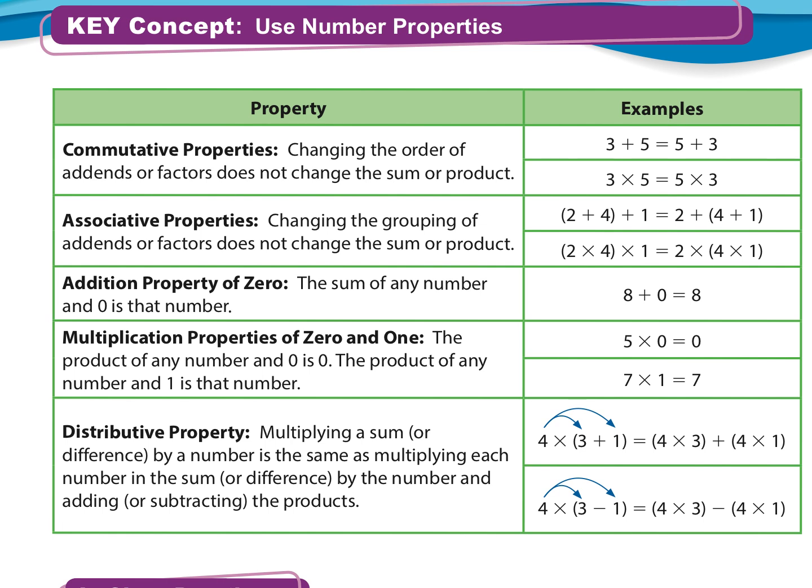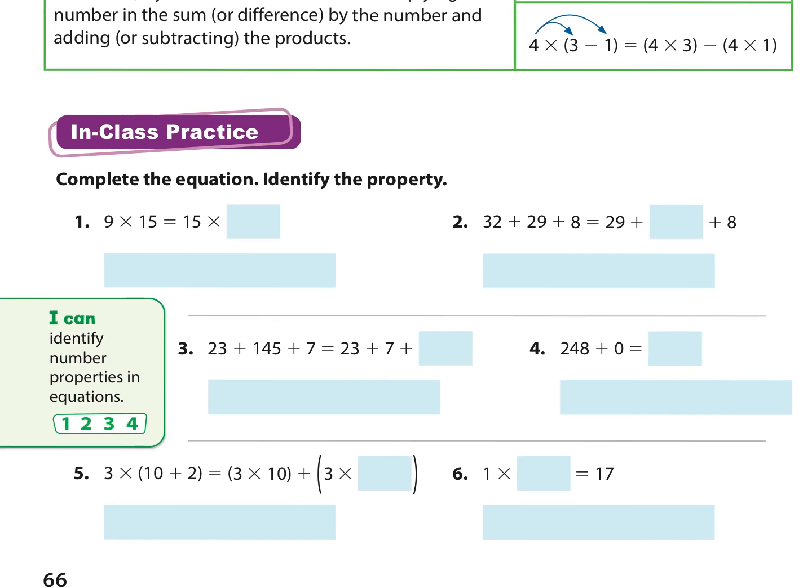Okay, we're going to keep on moving. Down here it says complete the equation and identify the property. So on this, I have 9 times 15 is the same as 15 times what? What would my missing number be? 9. Okay, so if I don't have any grouping symbols and I'm just changing the order that they're listed in, what is that called?